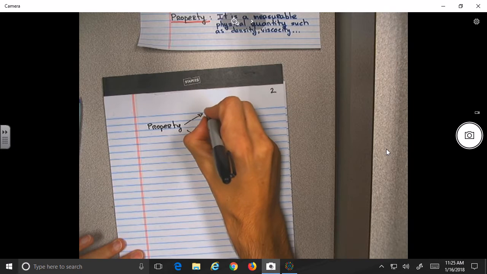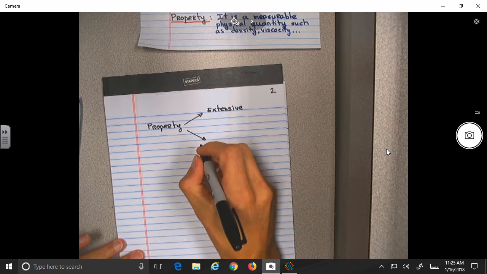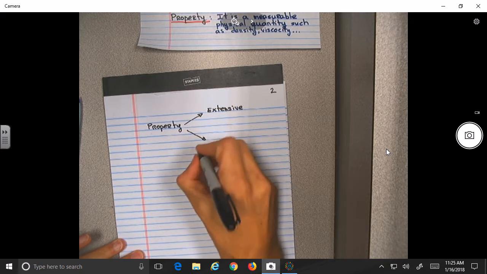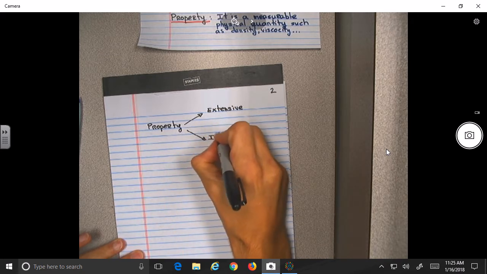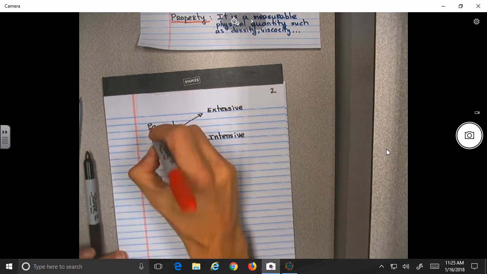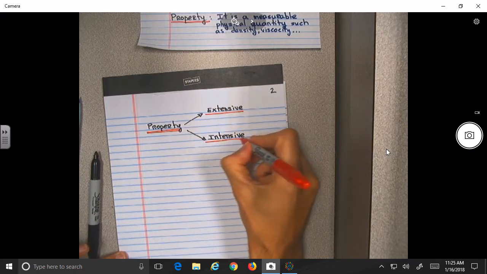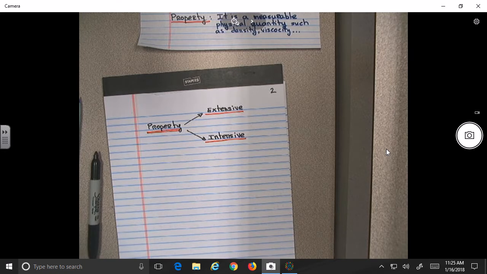Some are called extensive, some are called intensive. Okay, so the difference between extensive and intensive. It doesn't matter if you fully remember what is an extensive or an intensive. What's important is that you realize that there are two different kinds of properties.